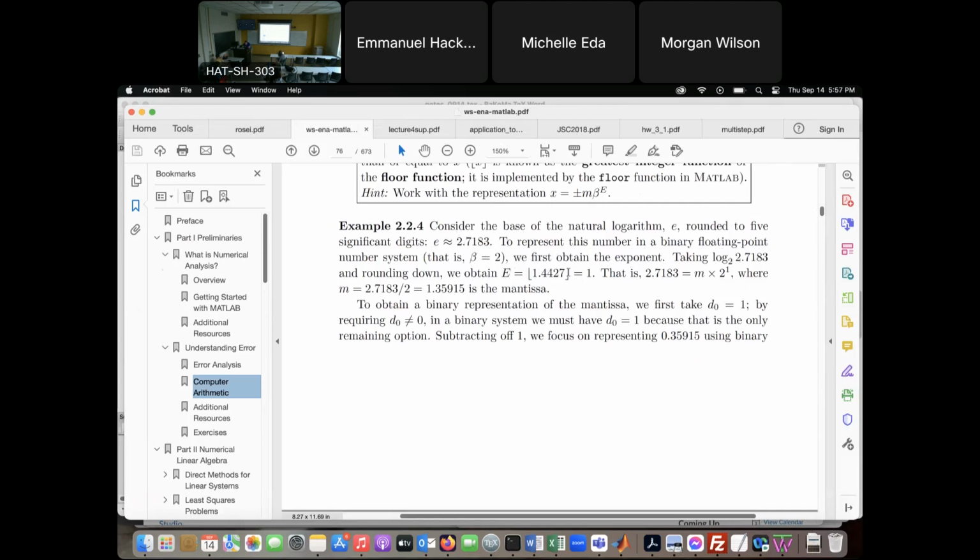So the mantissa is going to be e divided by 2, 2 to the first power. So this number right here, that's the mantissa that I need to represent. But here, the mantissa is written in decimal. I want to represent it in binary.